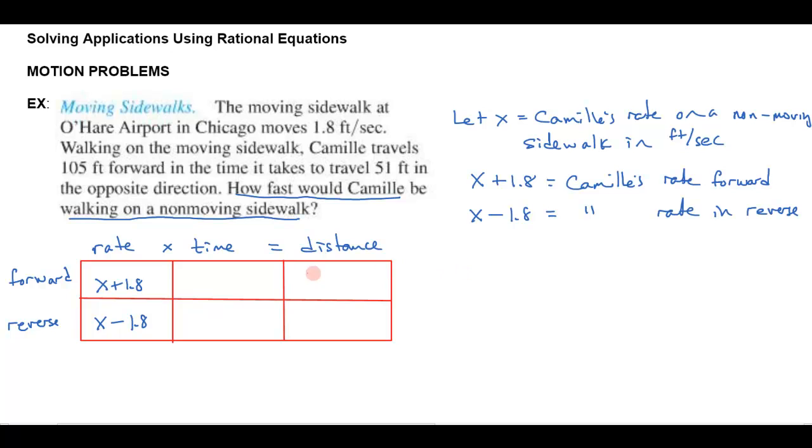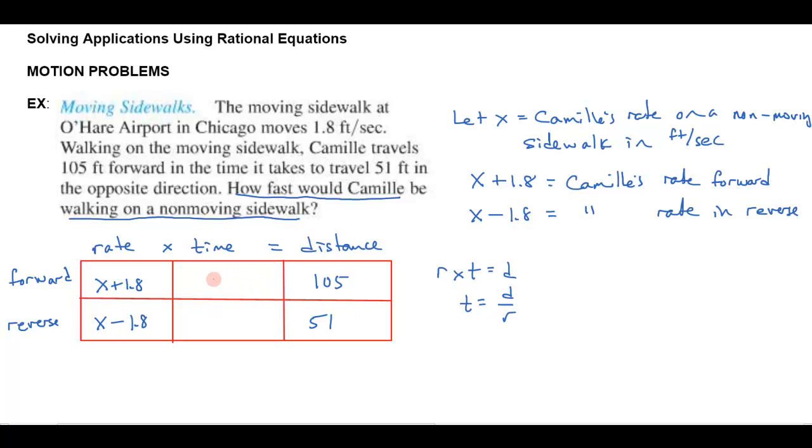So what I do know is that she traveled 105 feet forward, and then she went 51 feet in the opposite direction, going in reverse, against the motion of the sidewalk. Since I know that rate times time is equal to distance, the time has to be the distance divided by the rate.